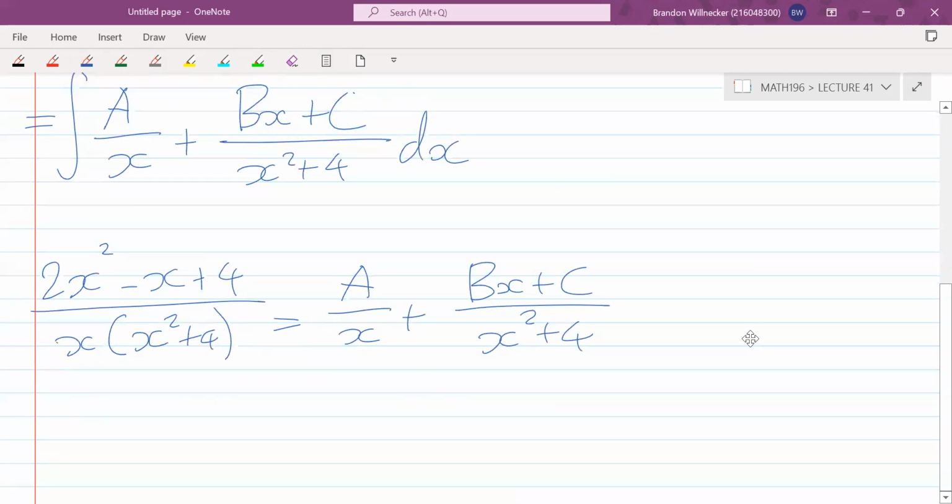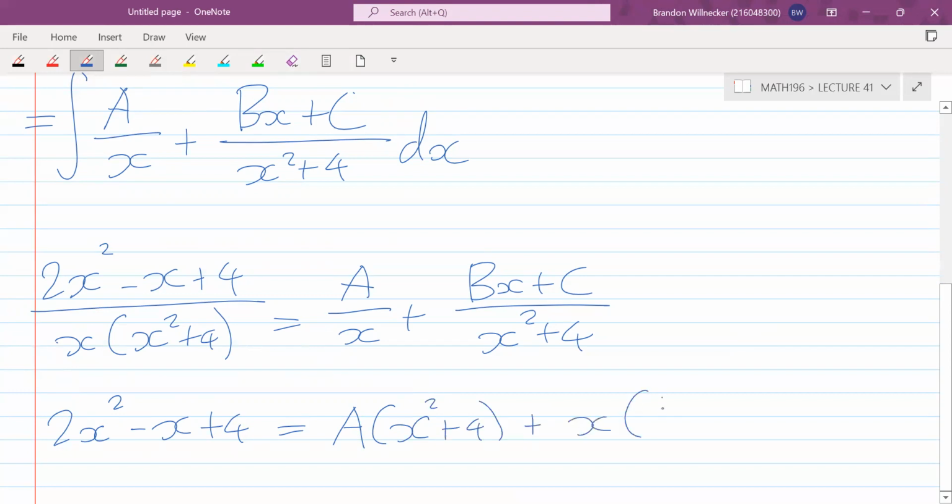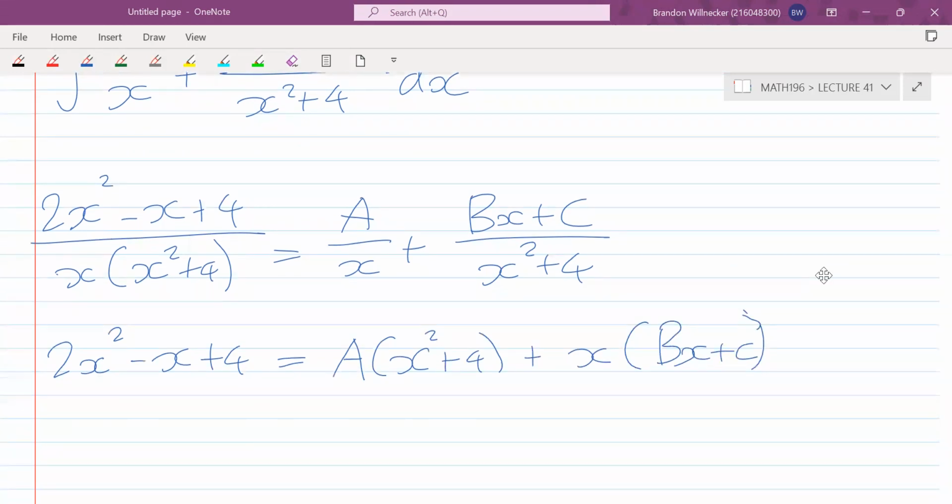Okay, we can multiply through by the denominator on the left-hand side just to clear that. So we're going to have 2x squared minus x plus 4 equal to A times x squared plus 4, plus x times Bx plus C. Okay, so this is easier to work with than the fractions.